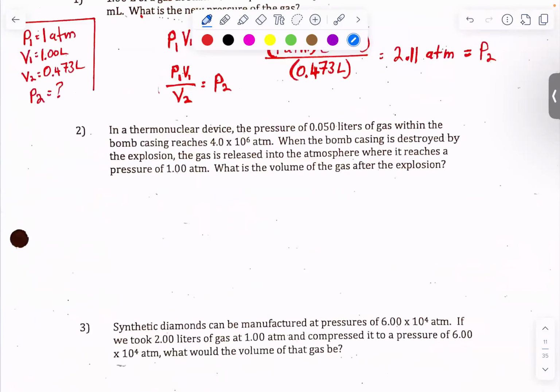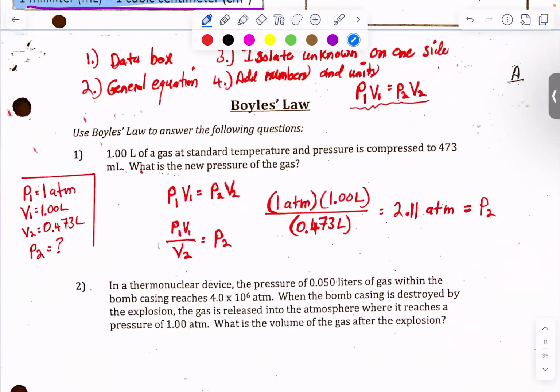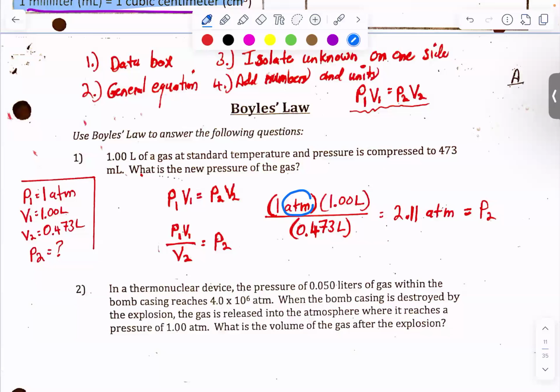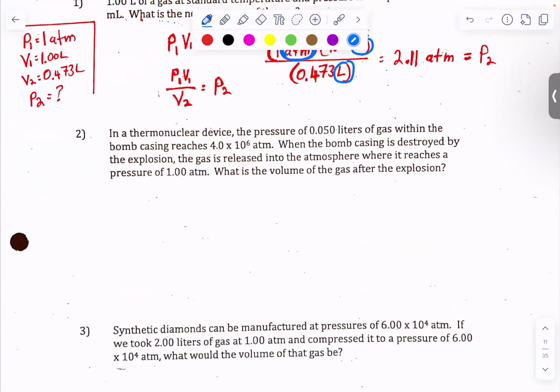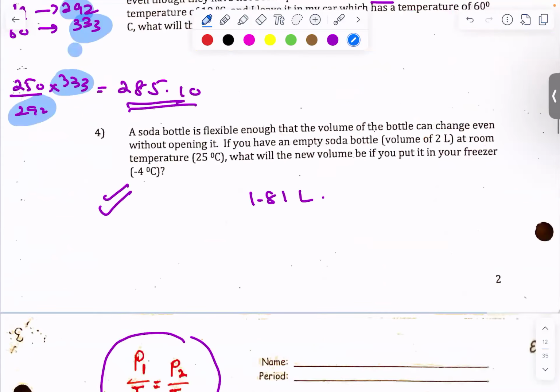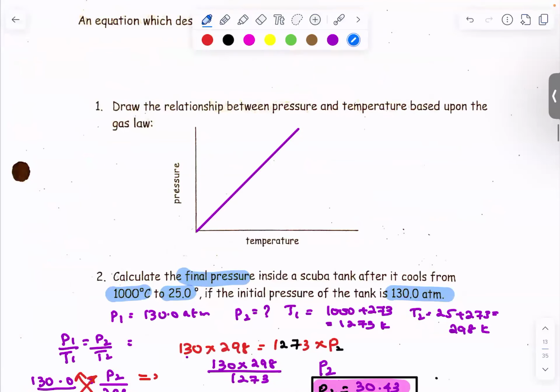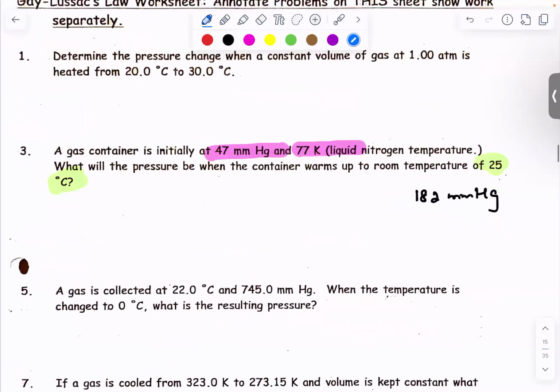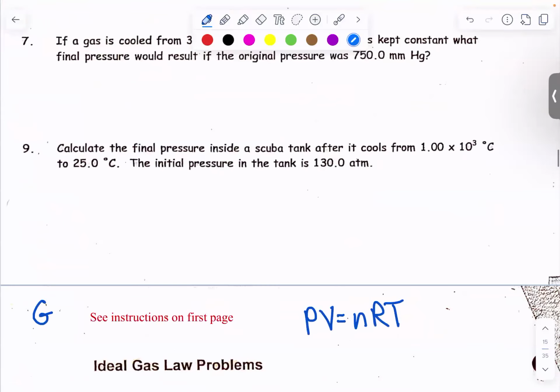Here it is, in Boyle's Law, have a look. Your teacher has written ATM liter like this. Have you noticed? Can you see? So it's better to write down the units because if you forget, maybe your teacher will cut marks. So it's better not to do that.